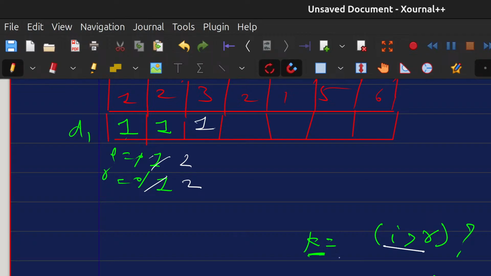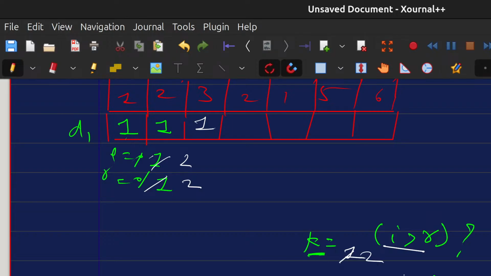So k is 1, and after this I plus k is less than n. Yes, and nums of I minus k and nums of I plus k are equal, yes, then k plus plus, then k becomes 2.